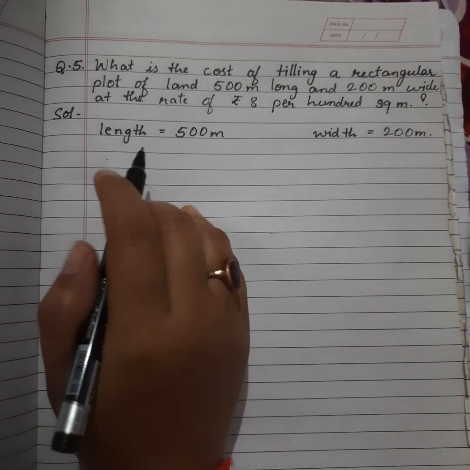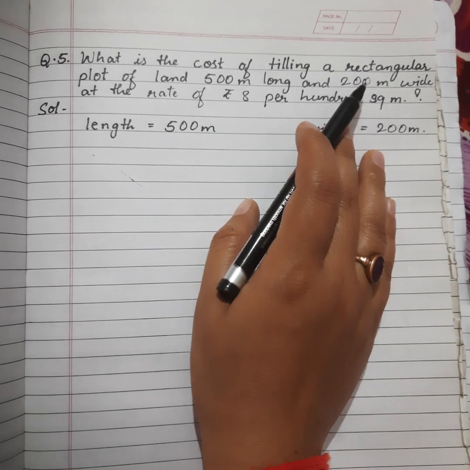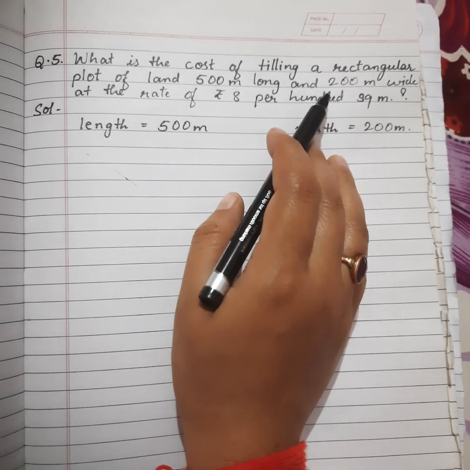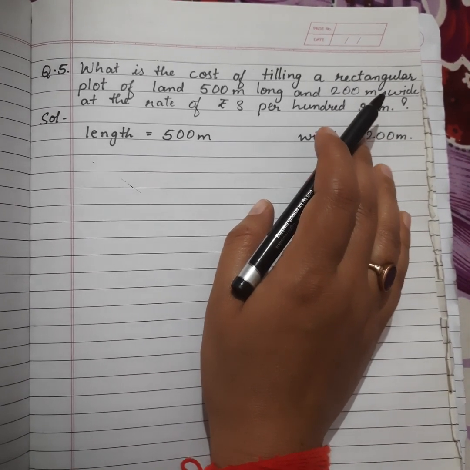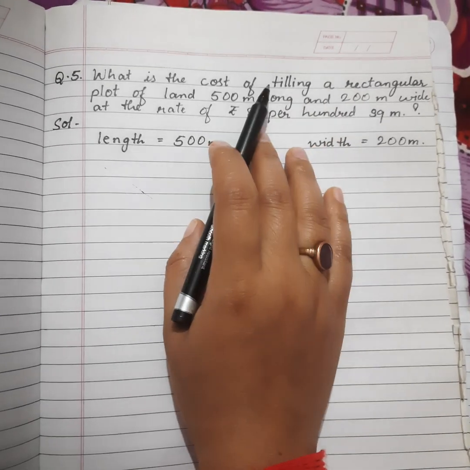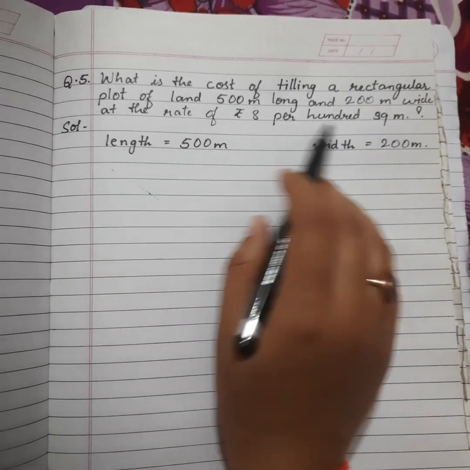Now the question number 5 is, what is the cost of tilling a rectangular plot of land 500 meter long and 200 meter wide? Be very clear that whatever is given in the question, read and immediately write it down.